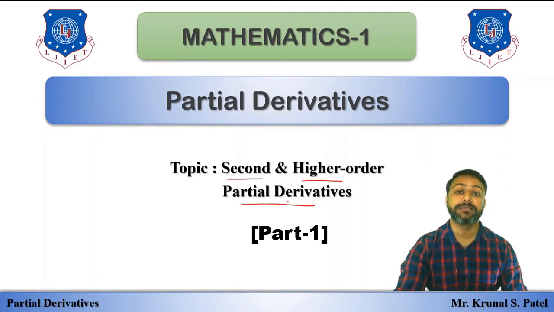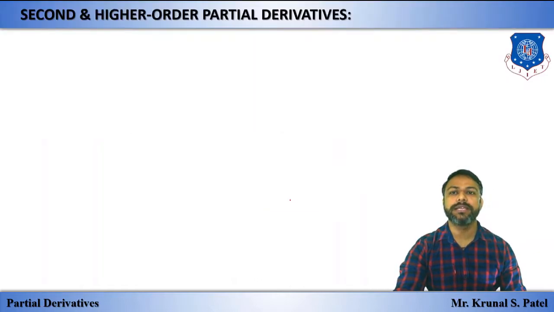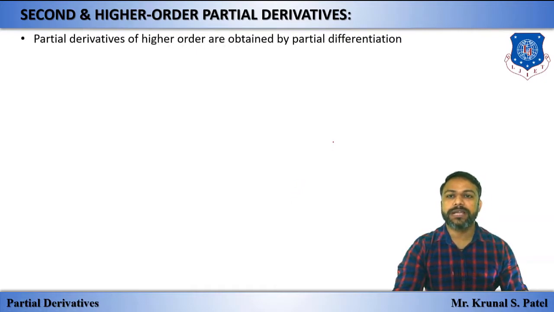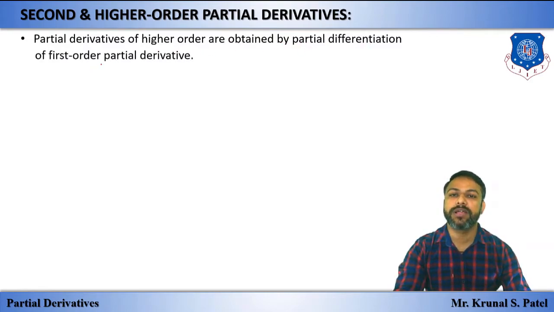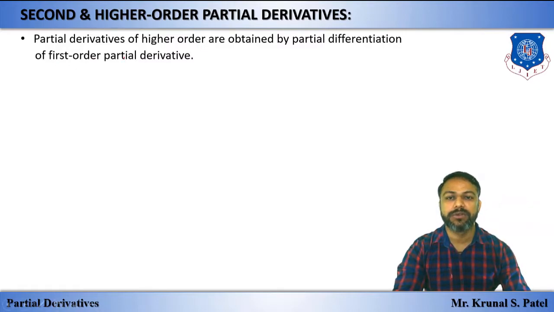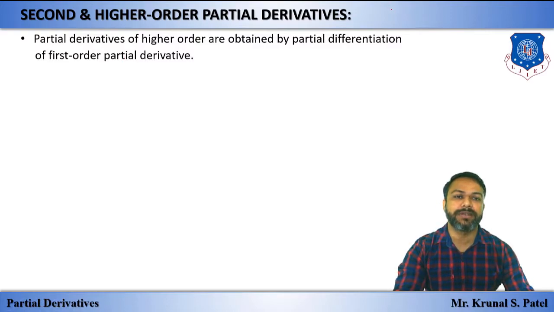But how will we find the second and higher order? Let's have a look at the basic concept of second and higher order partial derivatives. Partial derivatives of higher order are obtained by partial differentiation of first order partial derivatives. That means second or higher order derivatives are obtained from the first order partial derivatives, and we know the first order partial derivative.